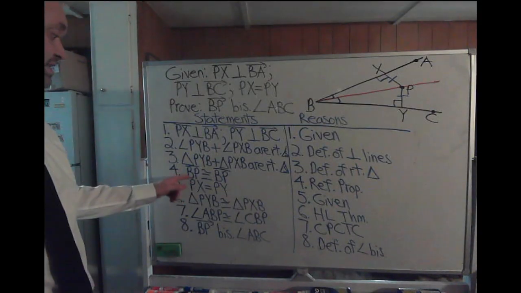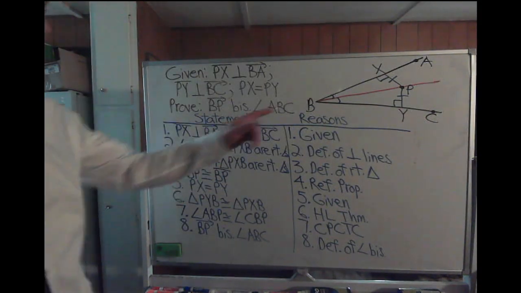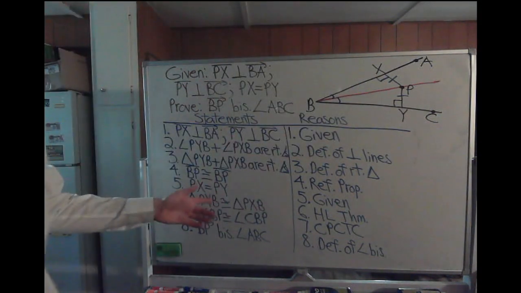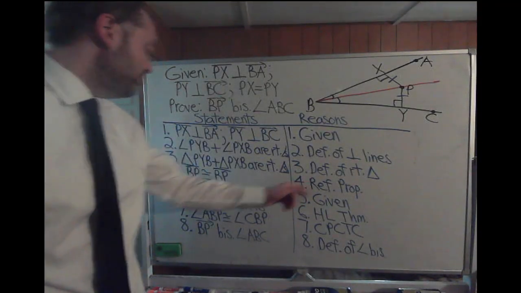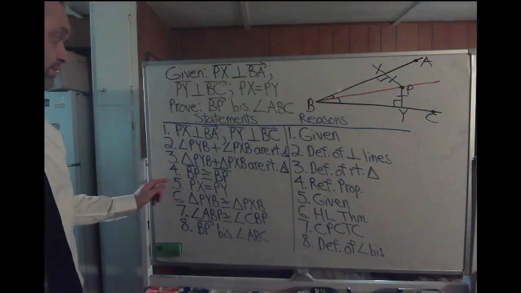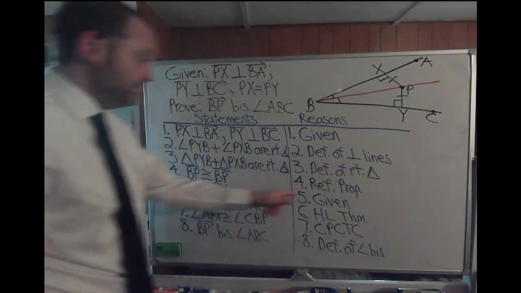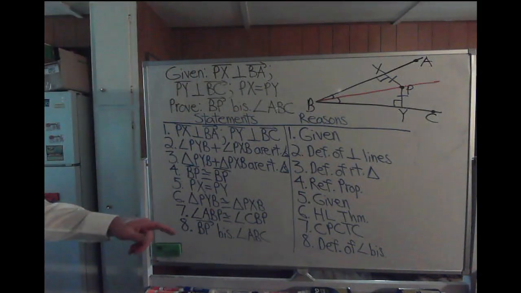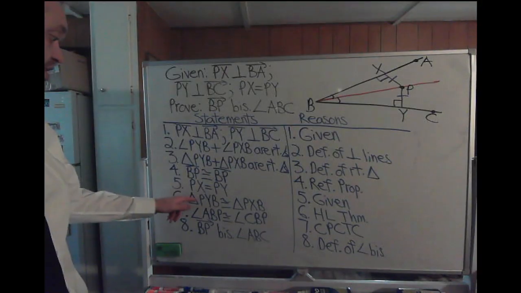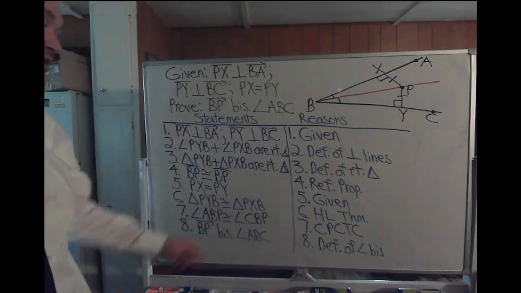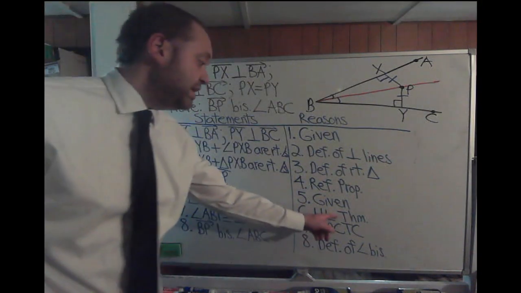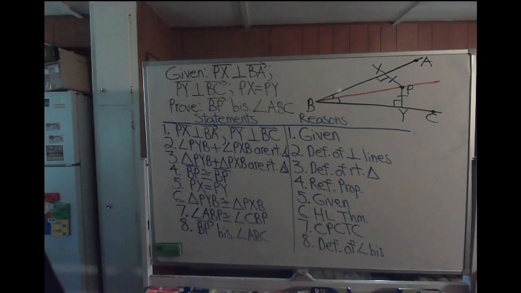And then it's obvious that BP is congruent to BP since both right triangles would share the same hypotenuse. That's by the reflexive property. Then for statement 5, we're also given that PX equals PY. That was given, which allows us in step 6 to conclude that triangles PYB and PXB are congruent to each other by the hypotenuse leg theorem, the HL theorem.